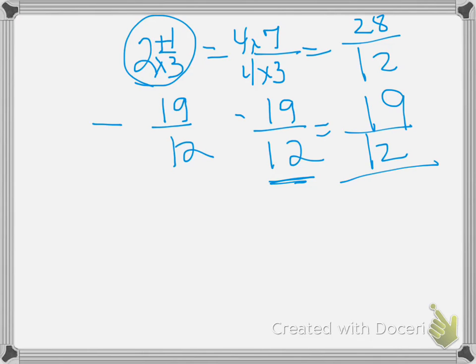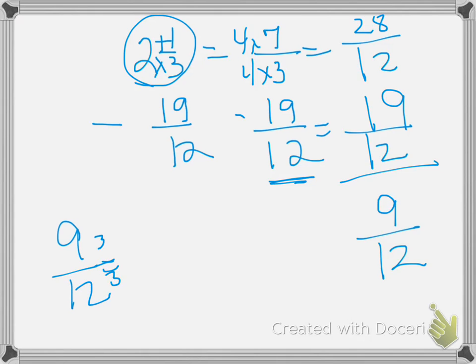Now I'm ready to subtract. 28, take away 19 is 9/12. Okay, that is not in lowest terms. But that is how long the third activity took. So if I go over here and I reduce 9/12, divide it by 3/3, I get 3/4. So 3/4 of an hour is what it took for her to clean the lab.